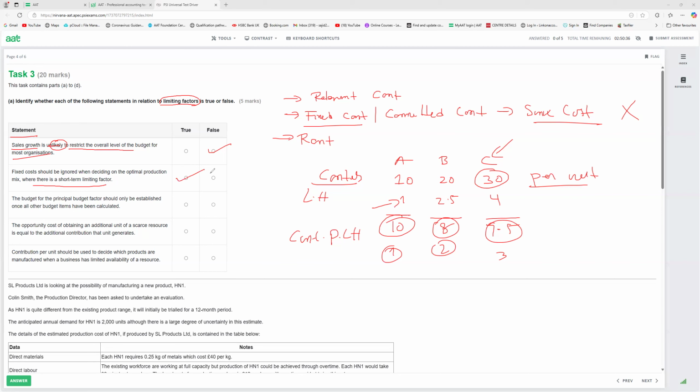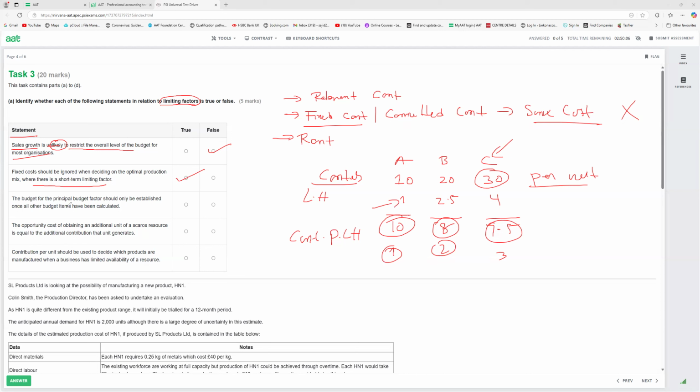So for that, we don't have to pay additional money. The fixed cost or the rent we have to pay anyway, so we can ignore that. But remember that fixed cost is fixed as a whole, but fixed cost can be increased or decreased based on per unit. That means if I make more units, the fixed cost per unit will be less. If I make fewer units, the fixed cost per unit will be more.